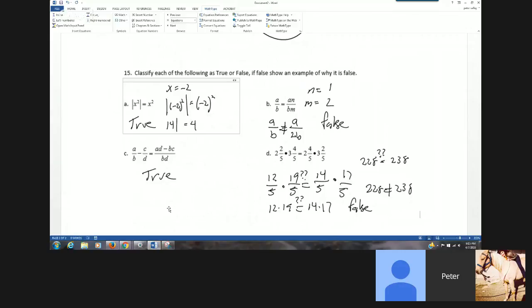So that one would end up being true. But again, the goal is we assume they're all true unless there's evidence otherwise. And there wasn't any evidence with that particular one. So on the test, I'll give you a couple of algebraic statements like this. And you're supposed to figure out a number that would prove it wrong rather than find a situation that proves it right. So anyways, hopefully that helps.